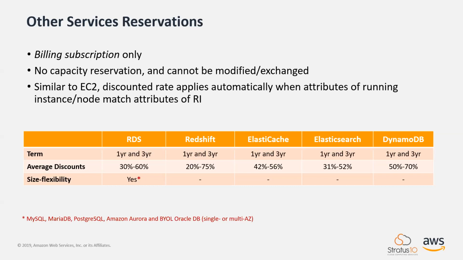These services, however, don't offer modification features at this time, so it's often recommended to buy RIs in 1-year terms, as a commitment to the same platform and hardware for 3 years is not always suitable for you. Similar to EC2 though, the system checks your running instances and nodes each hour, matches them to your active reservations and applies the discounts automatically. RI recommendations as well as RI reporting options are available within Cost Explorer for these other services.